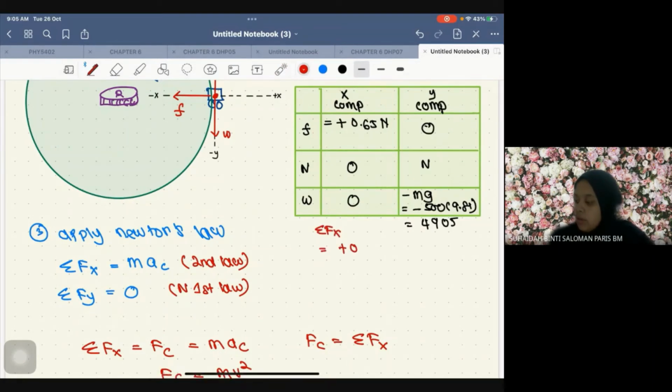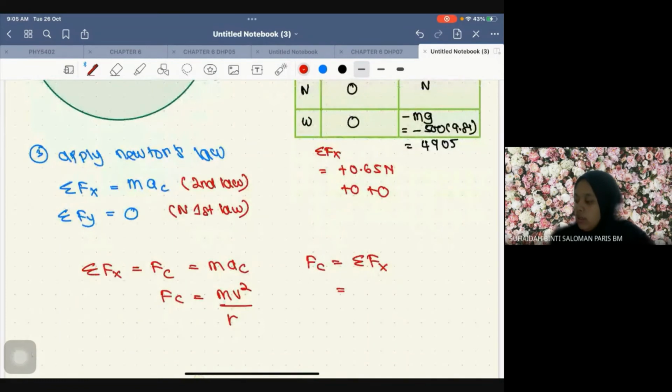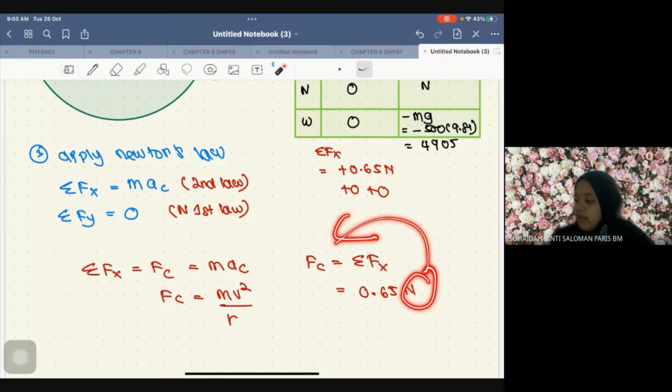So plus 0.65 normal force tambah kosong tambah kosong. Okay. So for this case is 0.65 normal force. Okay. So kalau dapat nilai normal force, dapatlah nilai FC, dapatlah nilai V squared, nilai V.